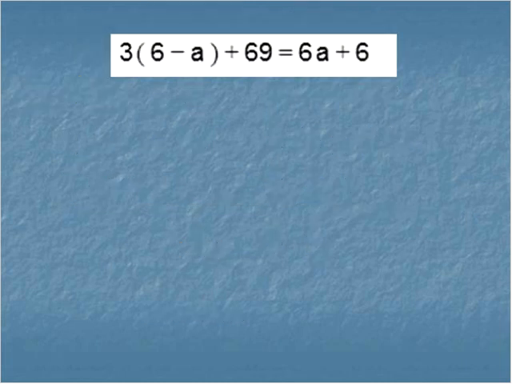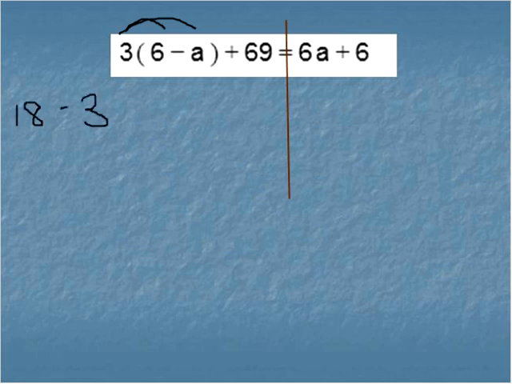Okay, let's test out the next one and see if we have a little bit more luck with this. Again, I want to clean up the left-hand side. So I'm going to start by using the distributive property. 3 times 6 is 18. 3 times a is just our 3a. I'll put my plus 69 here. Equals 6a plus 6.